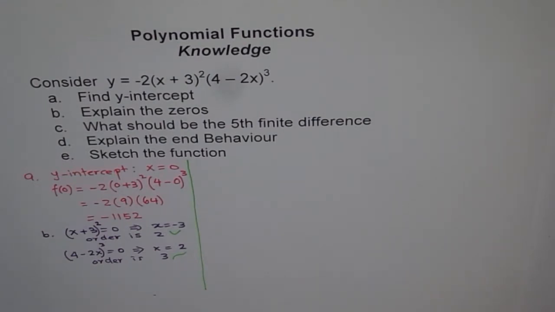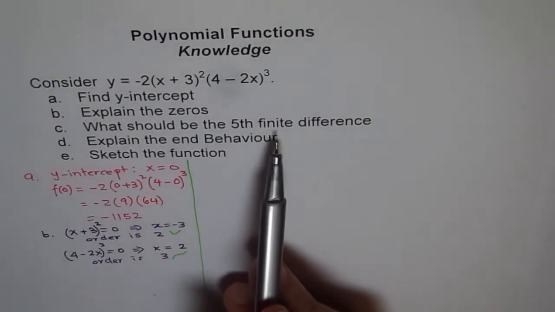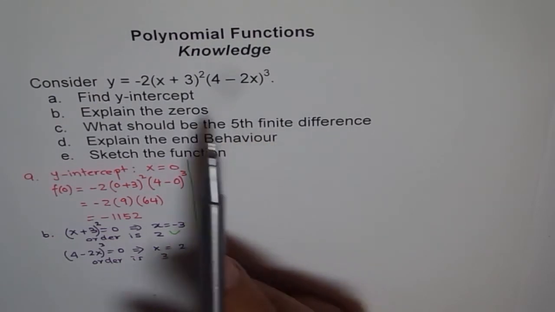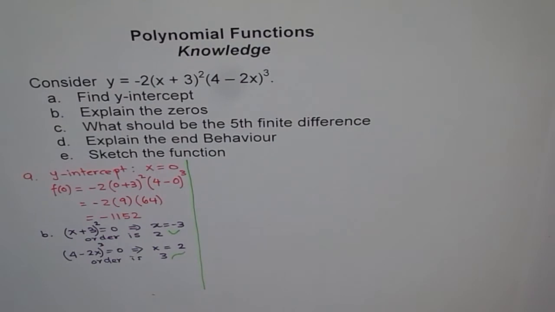Now the third question is, what should be the fifth finite difference? This is where many students get it wrong. Now why do they make the mistake? Let me give you what finite difference is. Finite difference is actually related to your leading coefficient, right? Let me write down the formula for you, as that is going to help you.